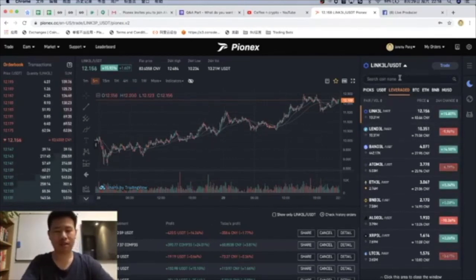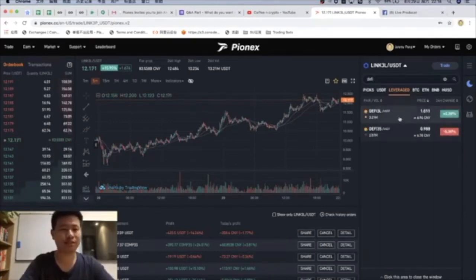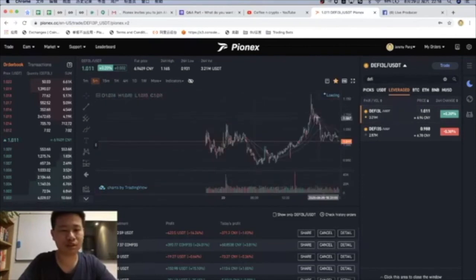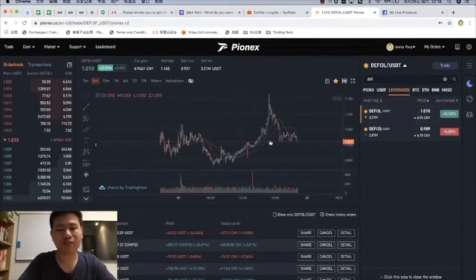Something very interesting is the DeFi leverage tokens. The DeFi index has just been released on Binance. It is combined from maybe 10 DeFi tokens like Link, Band, Kava, and many others.